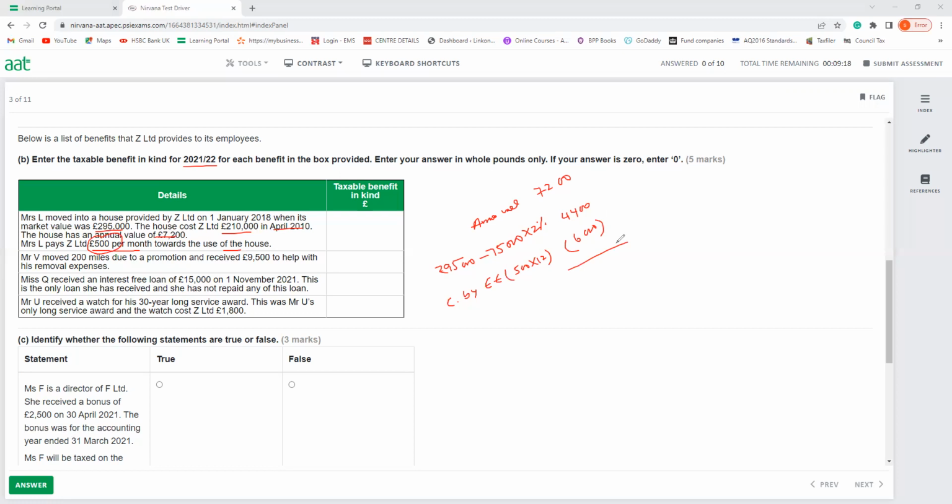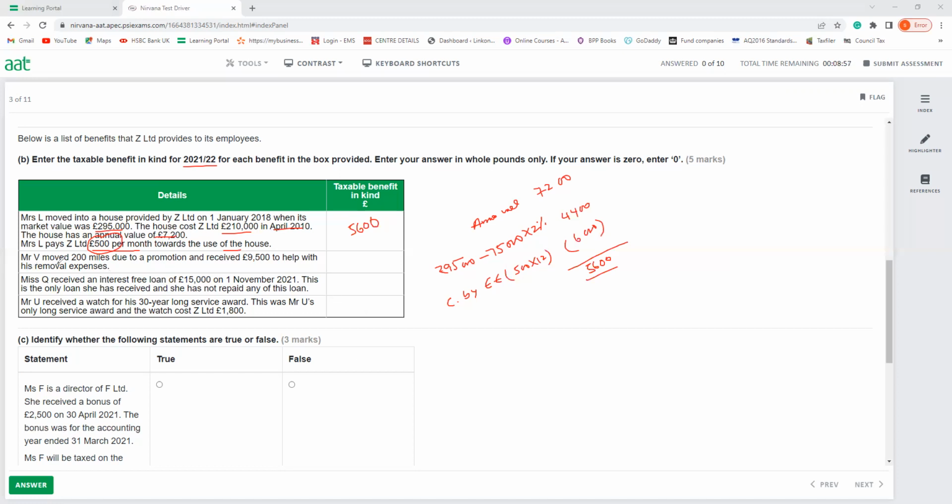So 7,200 plus 4,400 minus 6,000, and that gives me 5,600. And that's my taxable benefit for the house.